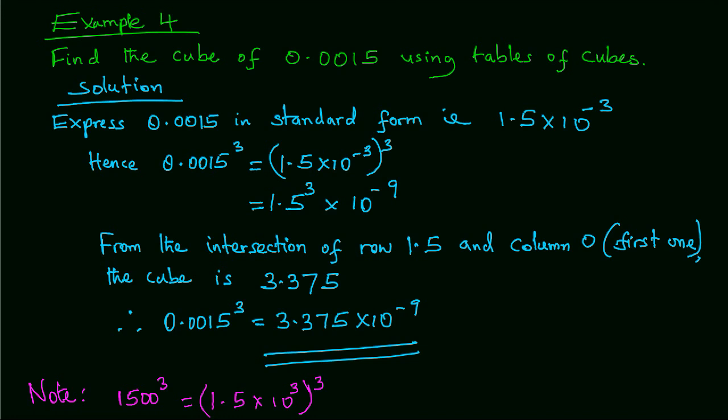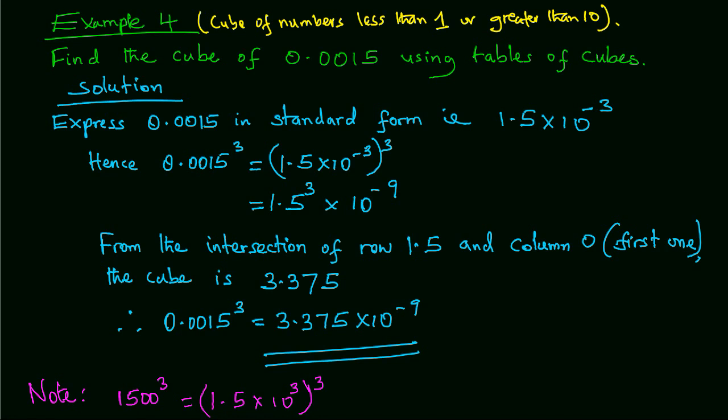That is what example 4 is about: cube of numbers less than 1 or greater than 10. Our first example is 0.0015.